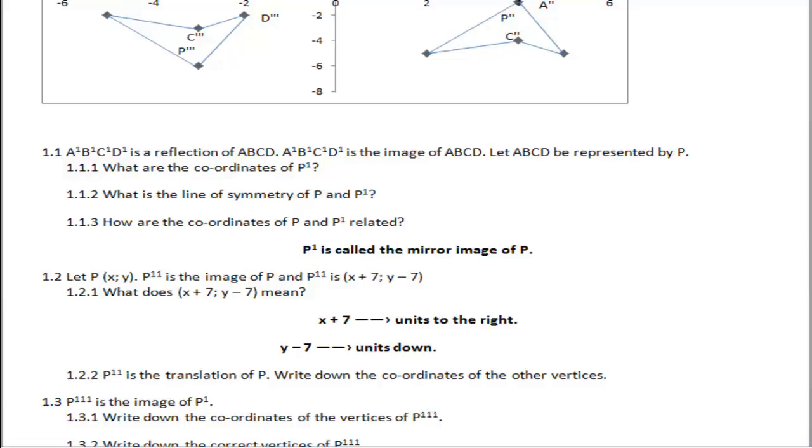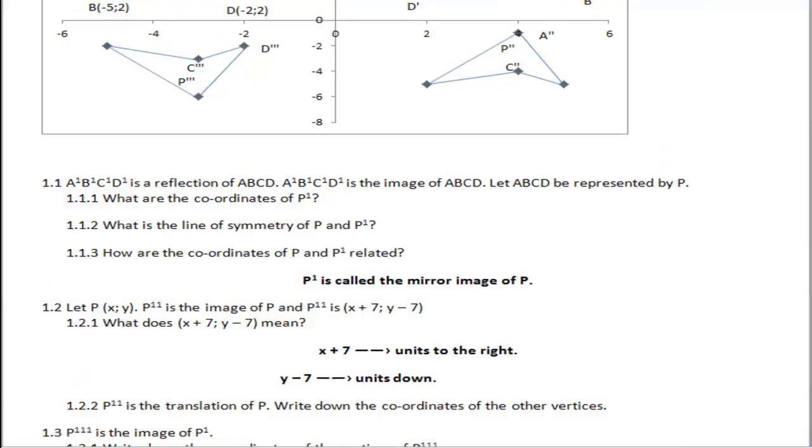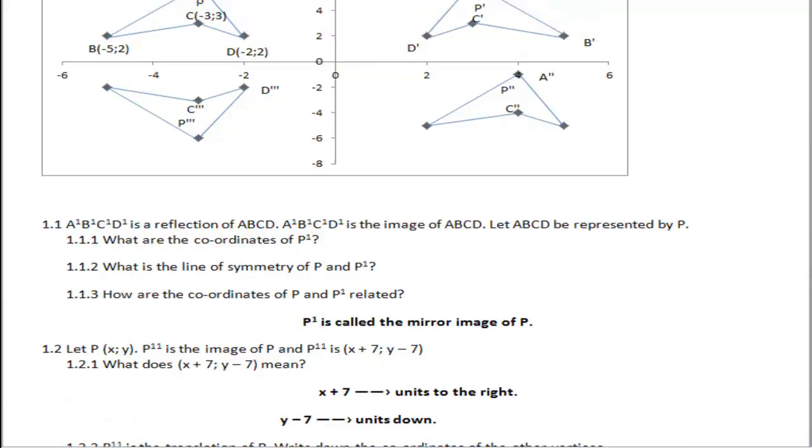Now if we take the second case, here it is P double prime. If you take P to be the original, how could we move to P double prime? There is a rule given here: x plus 7. X plus 7 means you move the entire figure 7 units to the right, and y minus 7 means 7 units down.